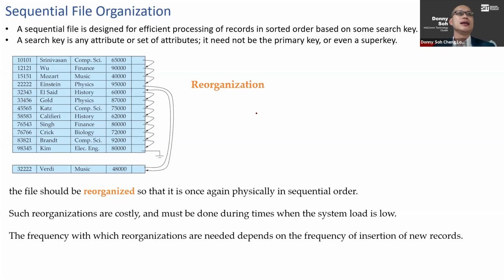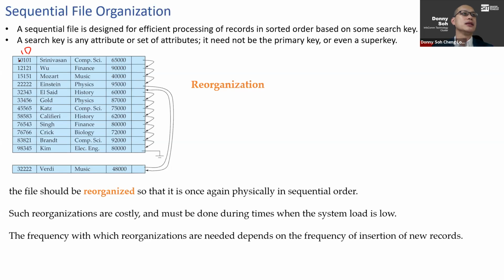The first is the sequential file organization. In the sequential file organization, you design it in a certain sorted order based on the key. Let's assume that the key in this particular scenario is my ID. That is why you see that my entire table is sorted according to my key.